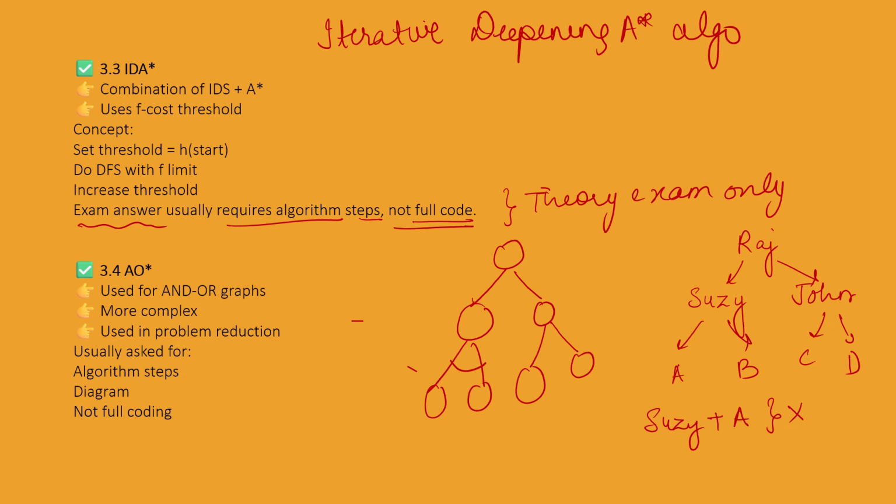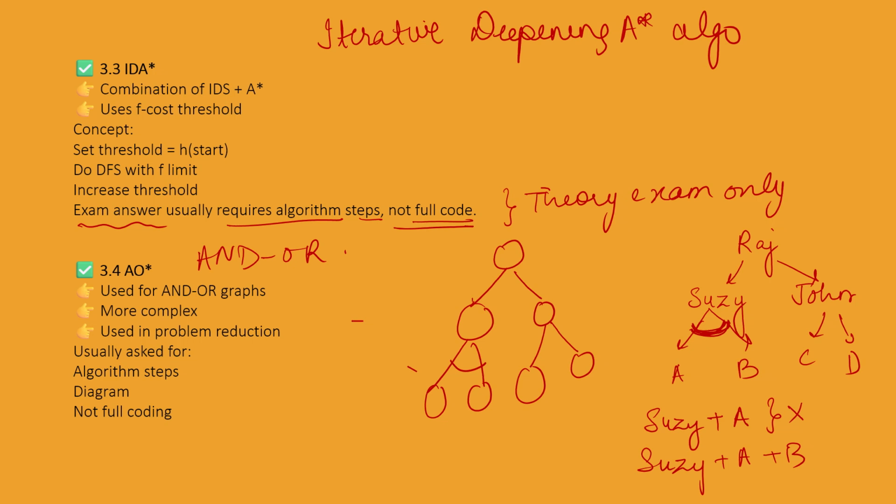You have to take both of them together, Susie plus A plus B. If there is a sign like this, this is an AND sign, you have to take A and B. When there's no sign, it is OR. I'll erase this because this is an AND sign. So this is the meaning of the full form, AND OR.